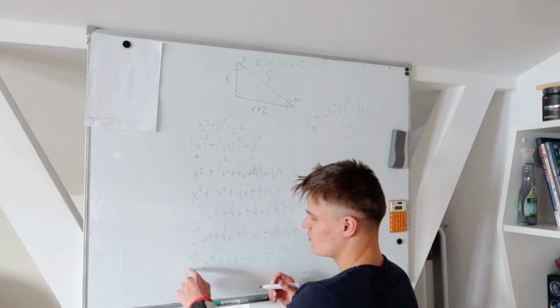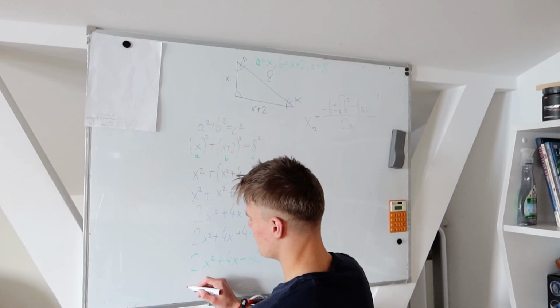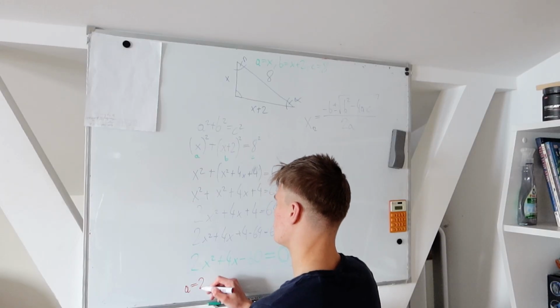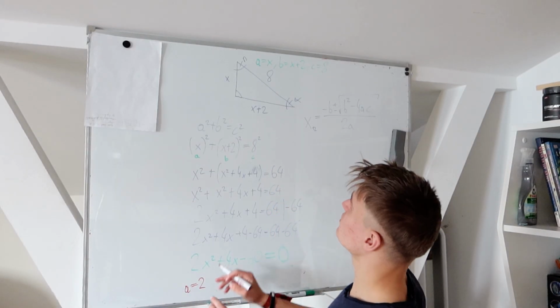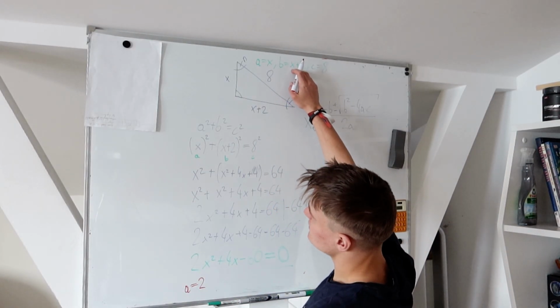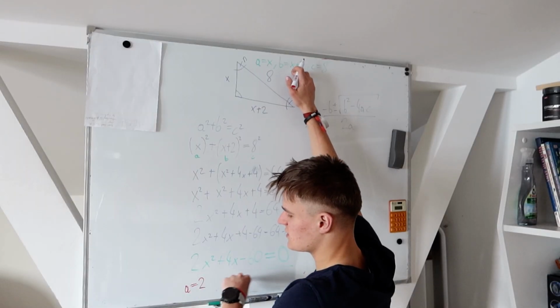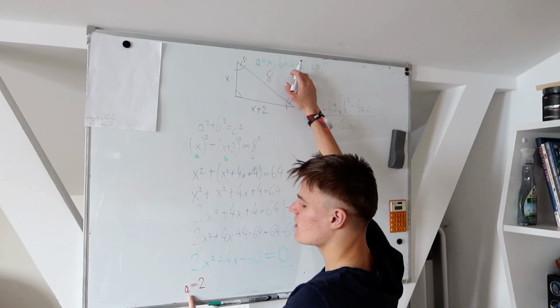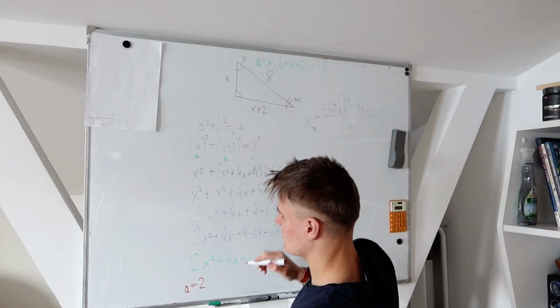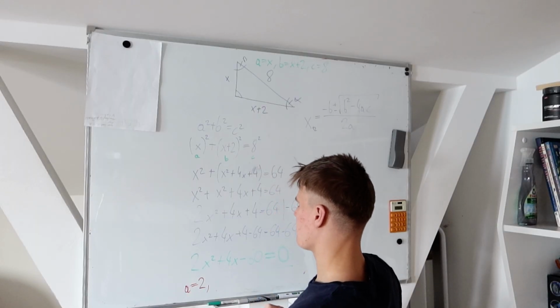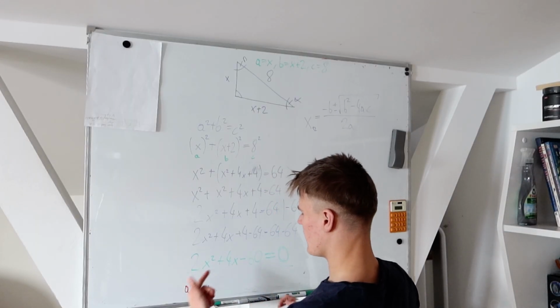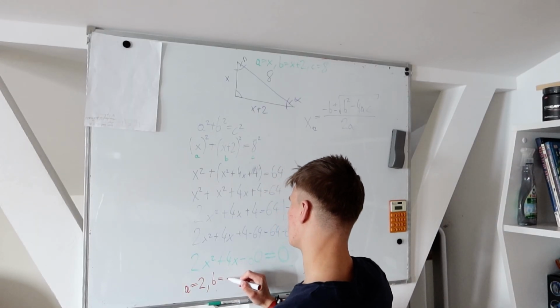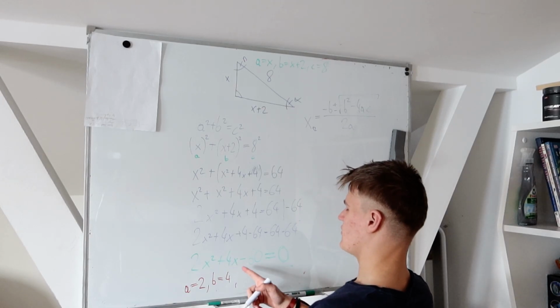So we have the 2 before the x squared, so that means a is equal to the new 2, right? Again, this has nothing to do with this, right? This is completely new. This is just the same variable letter, but it's something completely different, right? So we have b, it's 4x, so b is just 4. And then we have c, which is minus 60, right?